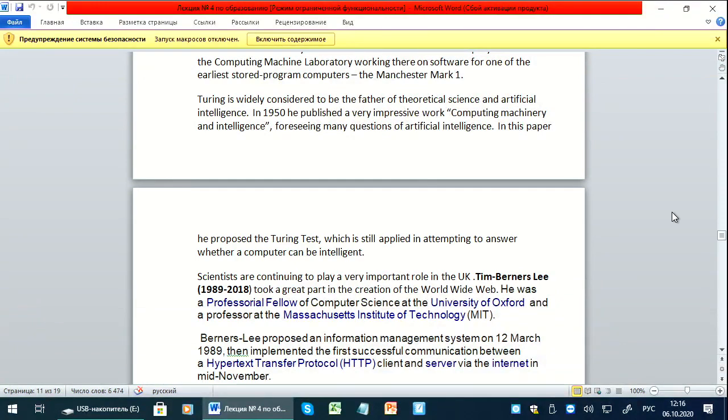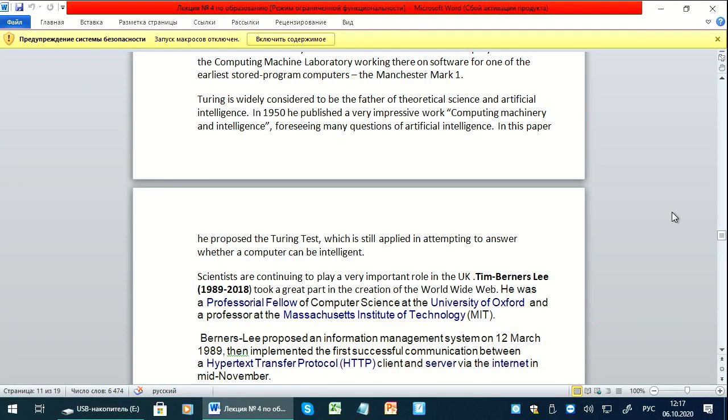He was a professor of computer science at the University of Oxford and a professor at the Massachusetts Institute of Technology. Do you remember the abbreviation of this institute? MIT.